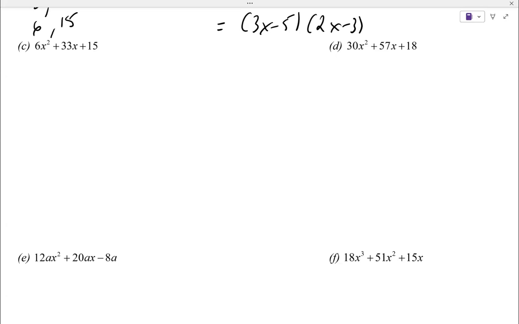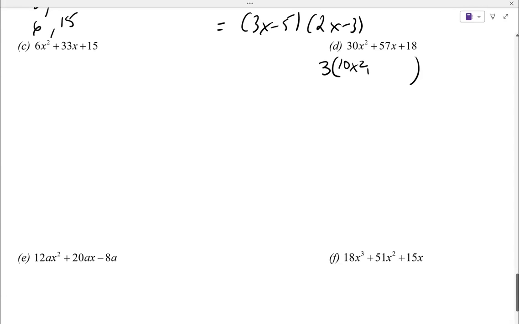Again, first thing you should always look for is what? The greatest common factor, right? So always step one. Do you see something that they all have in common? A 3, right? 3 goes into 30, 3 goes into 57, 3 goes into 18. So we can pull out a 3. When you divide the 30 by 3, you get 10.